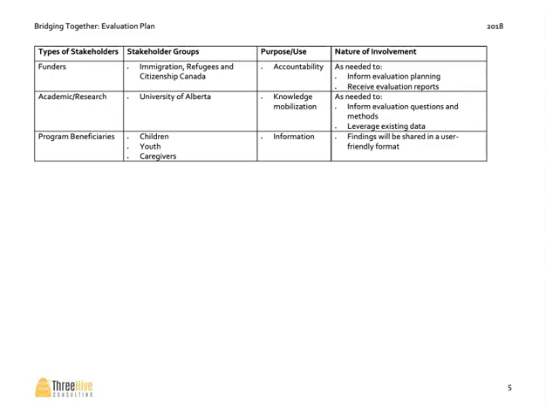There is some academic and research connection in terms of knowledge mobilization. And our program beneficiaries, of course, children, youth, and their caregivers. Their involvement really is to participate in data collection and then be the audience for findings that are shared in a more user-friendly format that will be posted on the REACH Edmonton Council website.